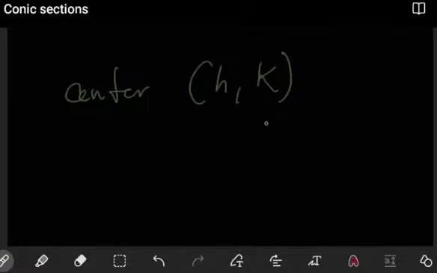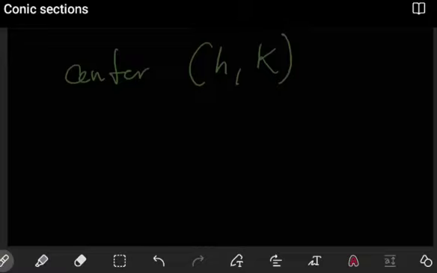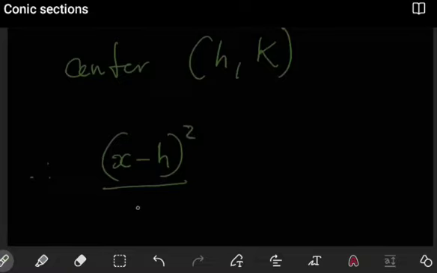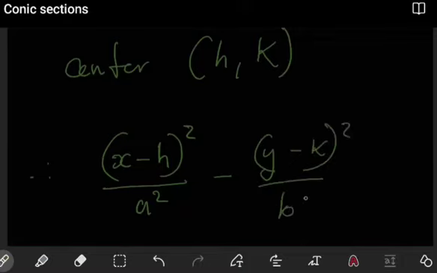If your hyperbola is now centered at h, k, it implies that the general formula will now be x minus h, of course this is squared, over a squared minus y minus k squared over b squared is equal to 1. So this is now what becomes of your hyperbola.